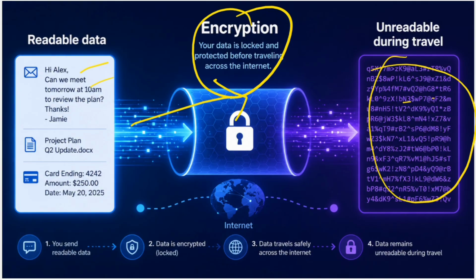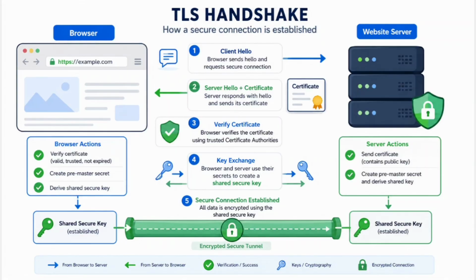So as you can see, going from readable data to unreadable during travel is what encryption does. When we say HTTPS encrypts data, we mean it protects the information while it is moving between your browser and the website server. The data is not just floating across the internet openly; it is locked, protected, and unreadable during travel.